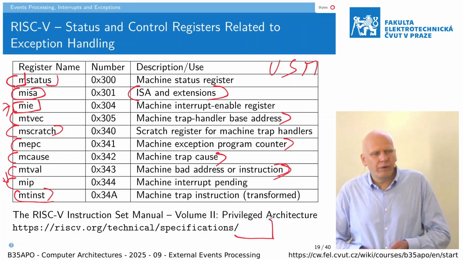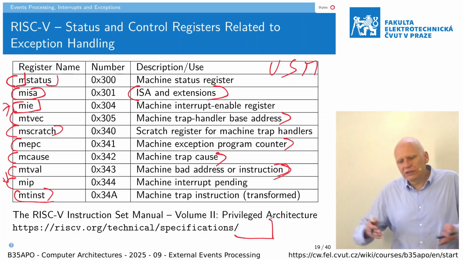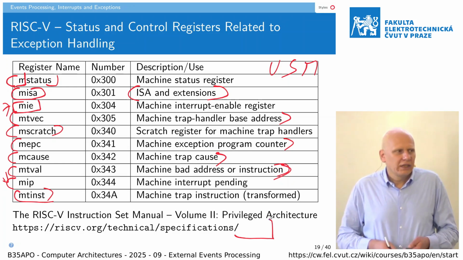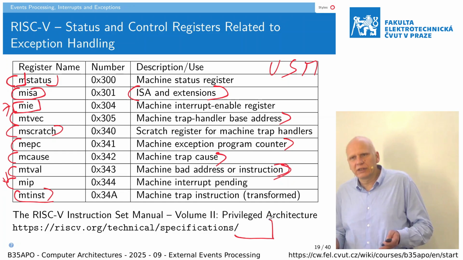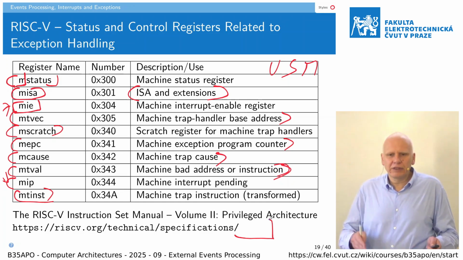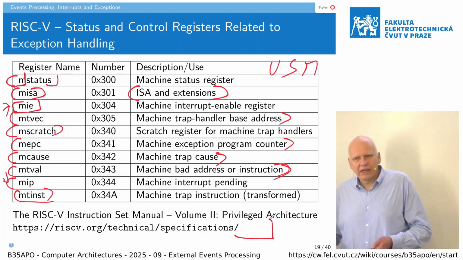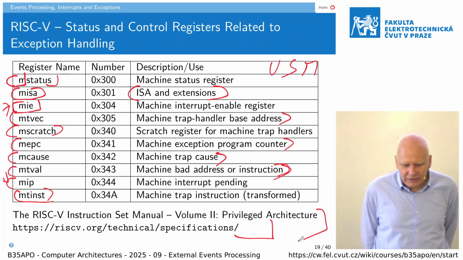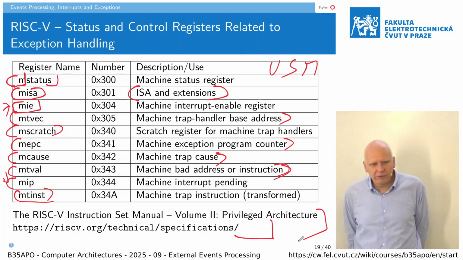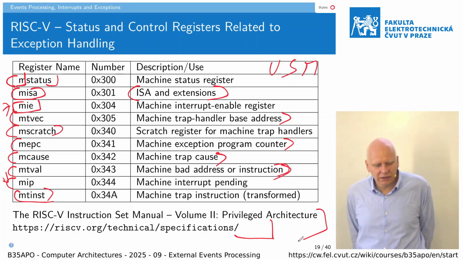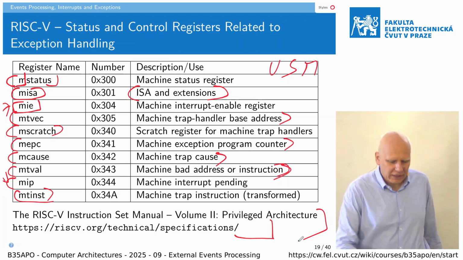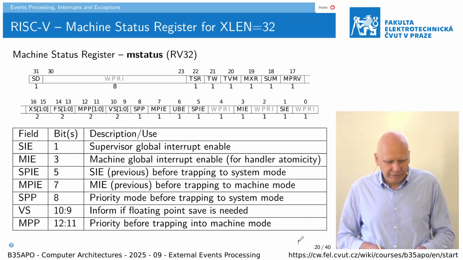If you work, for example, with ARM, then you need to go to the ARM definition of the architecture, and the exception processing even differs a lot between Cortex-M, Cortex-A, and 32-bit and 64-bit modes and so on. So basically, the general concepts which I am describing here hold for all of those architectures, but the specific names of the registers, numbers and the actual mechanisms can differ.